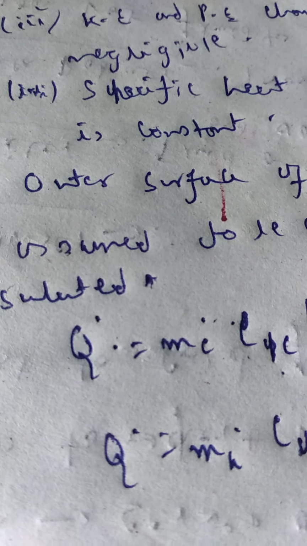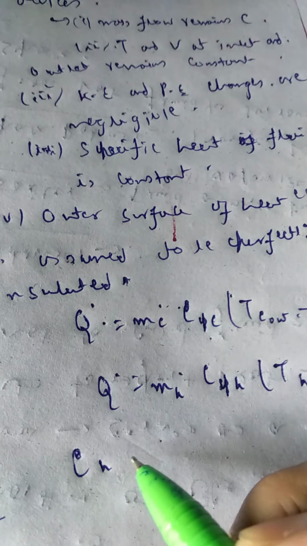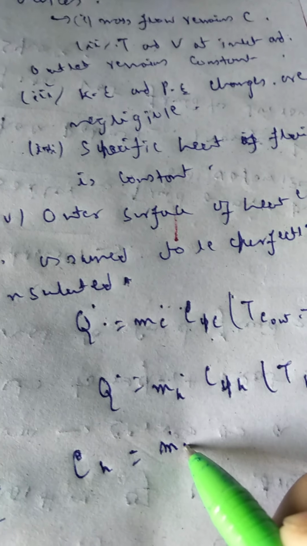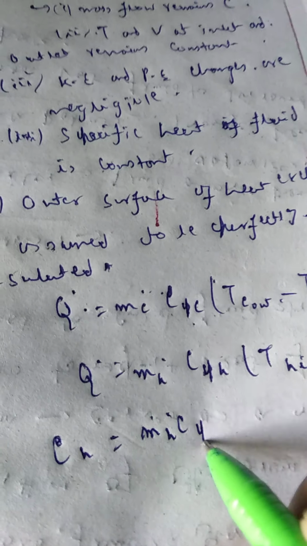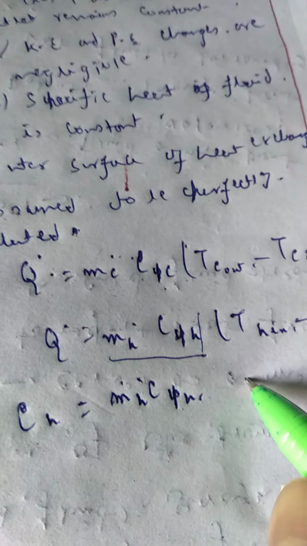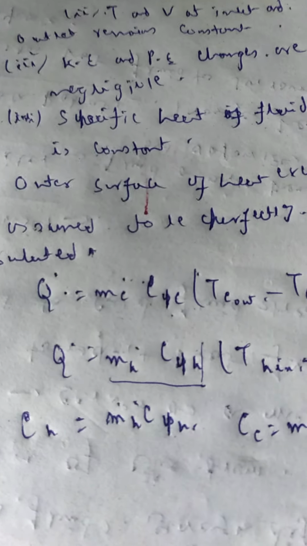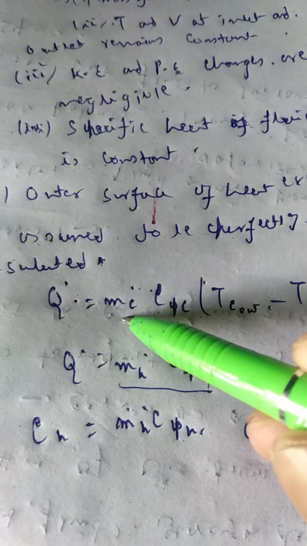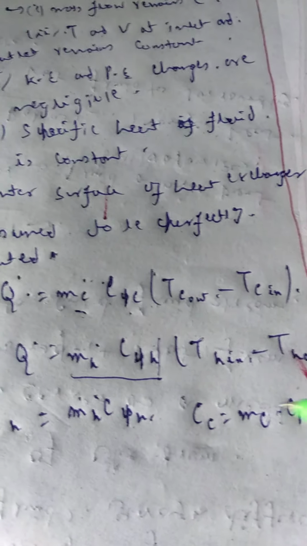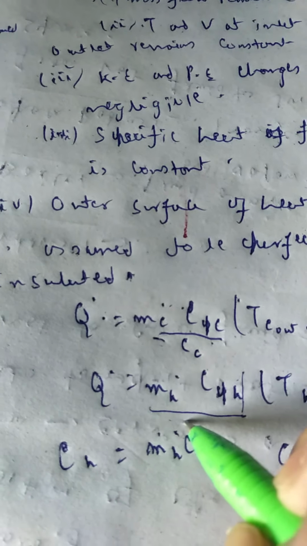For the hot fluid, the heat capacity rate will be mH into Cph, and similarly for the cold fluid it will be mC into Cpc. Now you can easily substitute this mC Cpc by Cc, and here we will substitute by Ch.